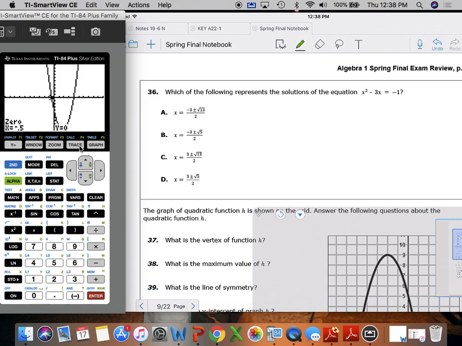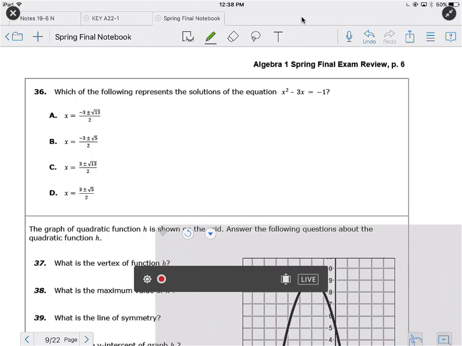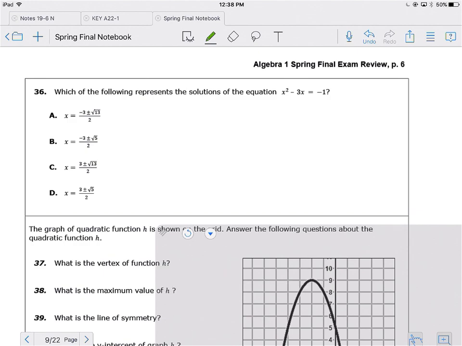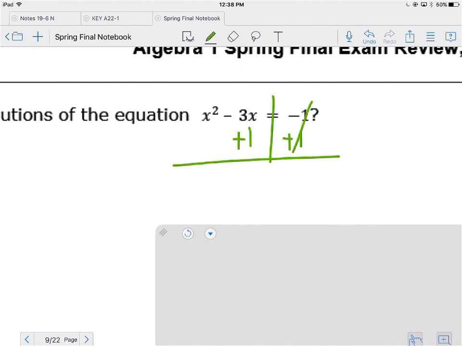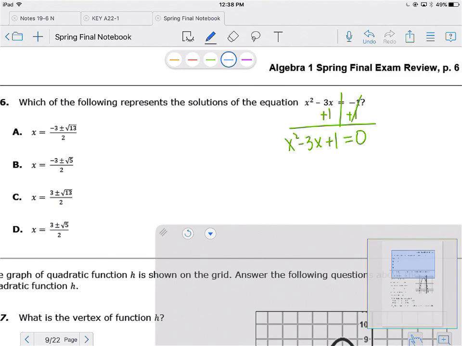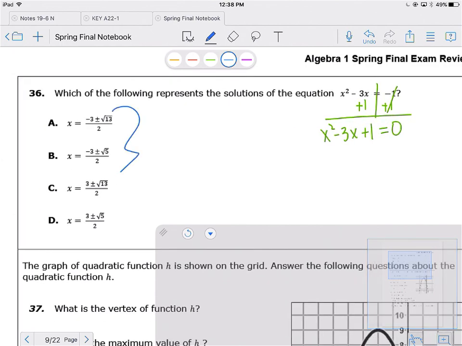Problem 36 asks which of these represents the solution to the equation x squared minus 3x equals negative 1. So the first thing I'm going to do is get an equals 0. So I need to add 1 to both sides. So I have x squared minus 3x plus 1 equals 0. Now, when I look at all of my answer choices, these are all in quadratic formula.